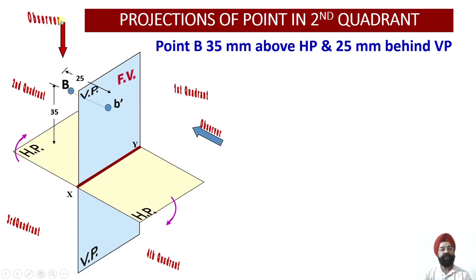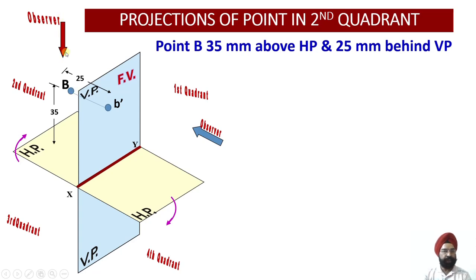Then next we are now looking at the same point or the object from the top. While we are looking at this object from the top, this plane we are assuming to be an opaque plane so that we can obtain the image of this point onto this plane over here.